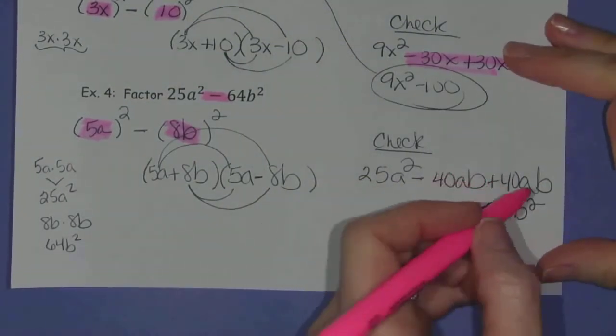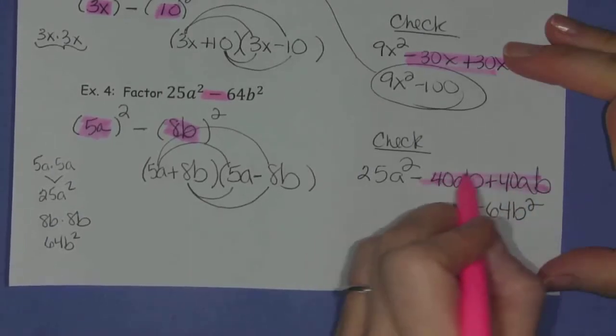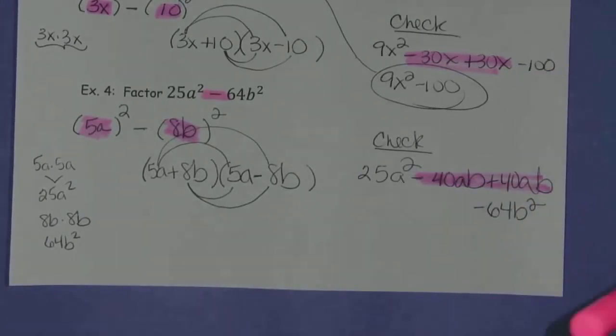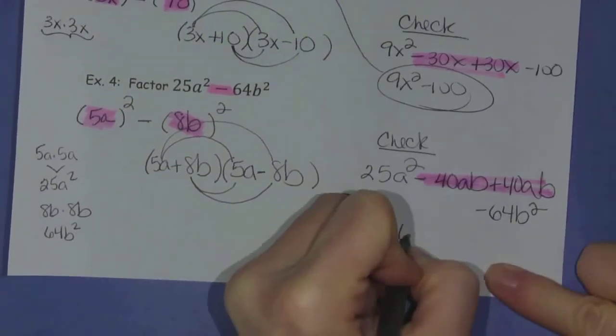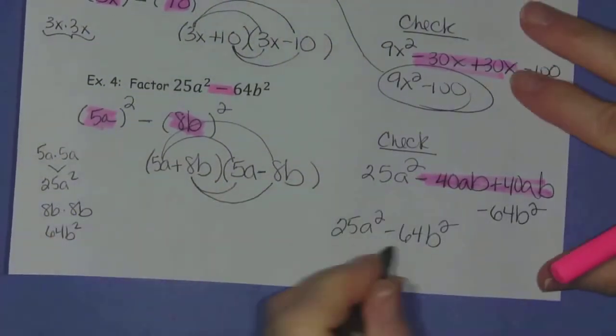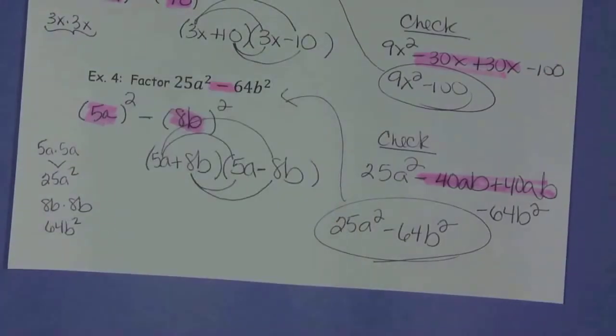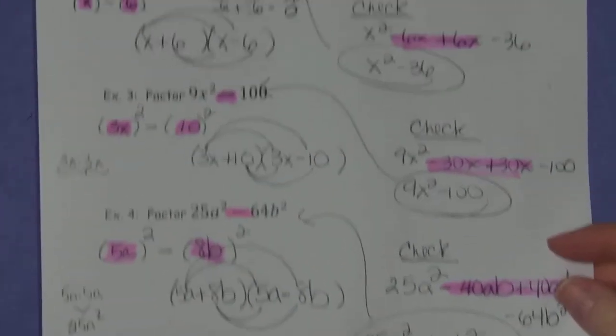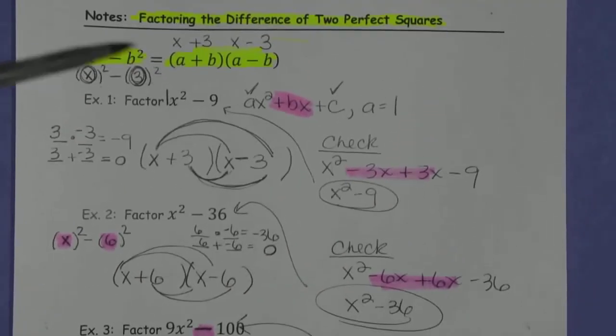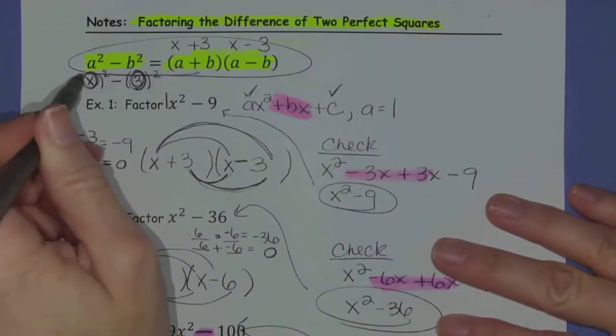Negative 40ab plus 40ab cancels, leaving me with 25a to the second minus 64b to the second. Final answer, what I started with. Okay, so you start to sense a pattern here, and that pattern always goes back to this little rule.